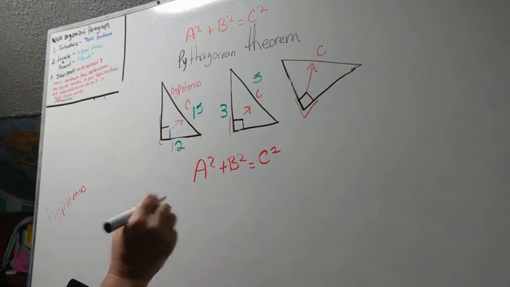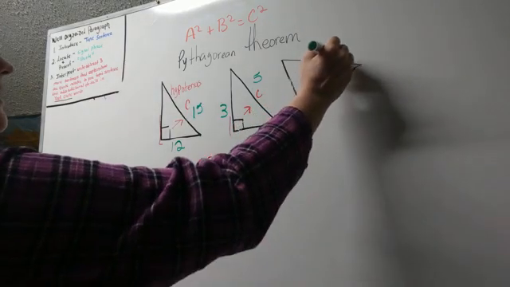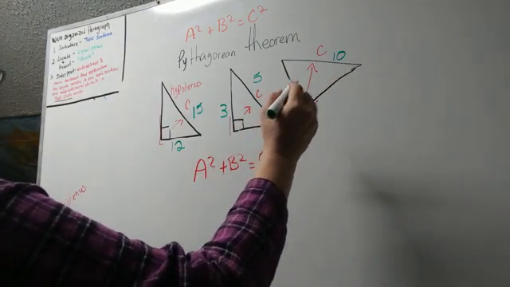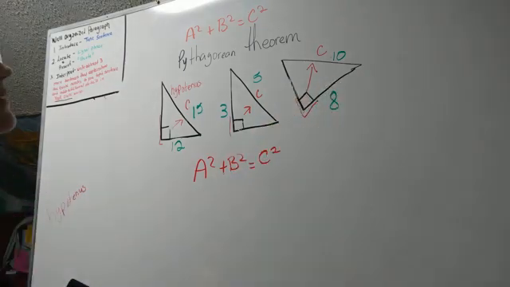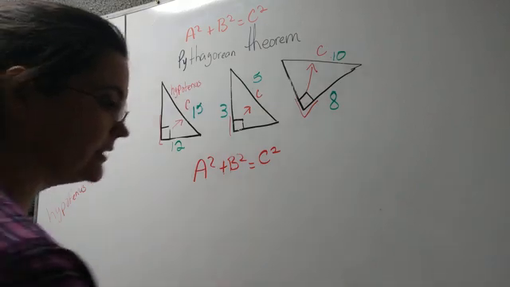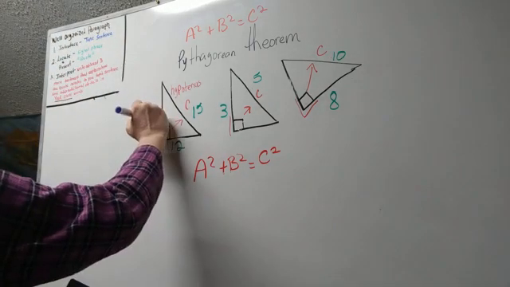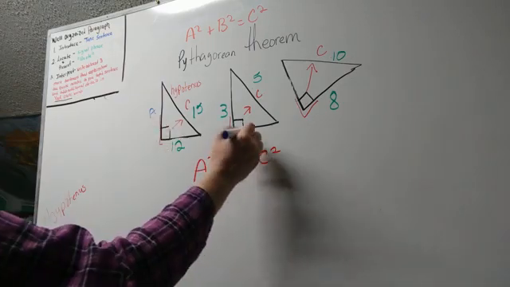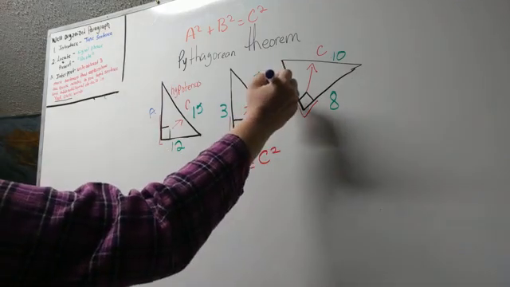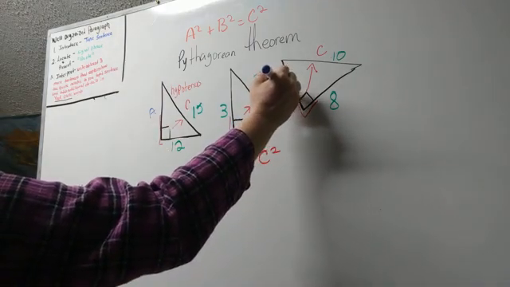And for this one, we'll do 10 and 8. Now, this time, we have to notice that the one we're trying to find here is going to be angle A. Over here, angle B, and over here, we can call this angle A.